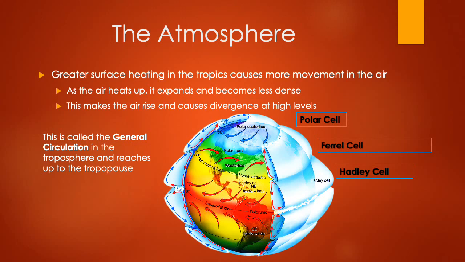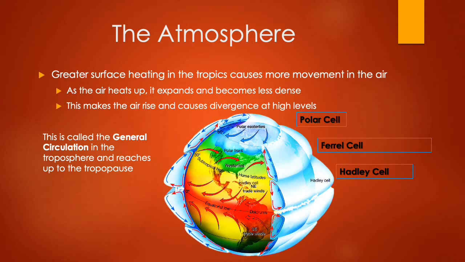So this movement of the air is called general circulation, and it causes different cells around the globe. Okay, so ascending and descending air at different latitudes create the general circulation and these cells.